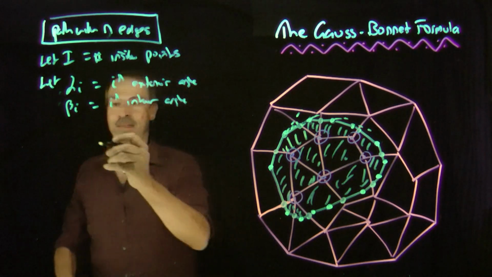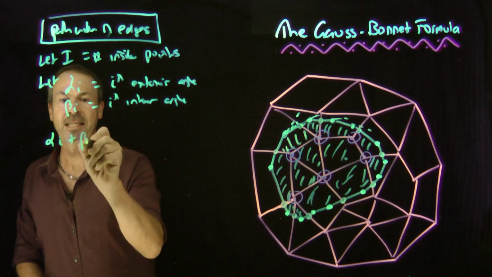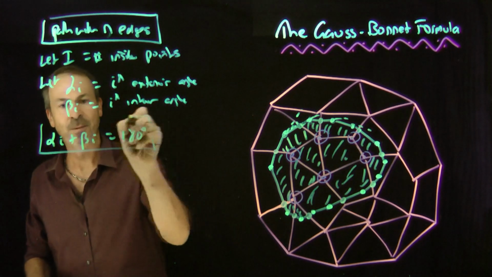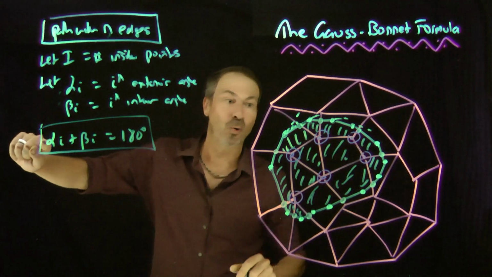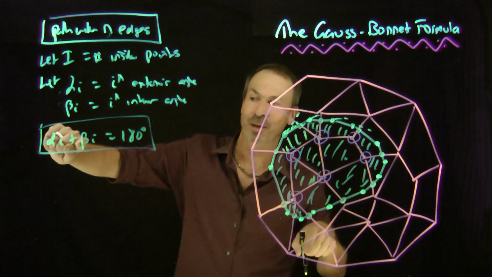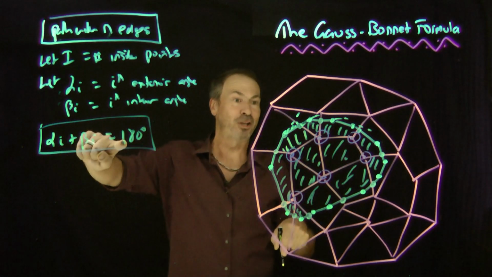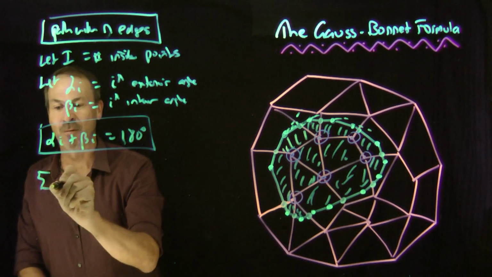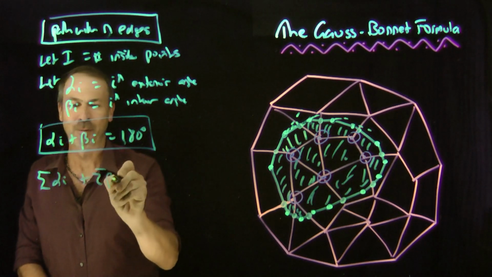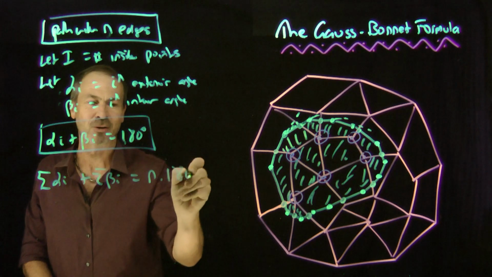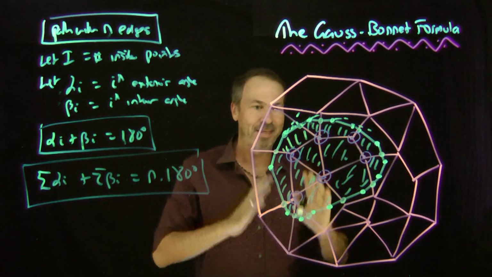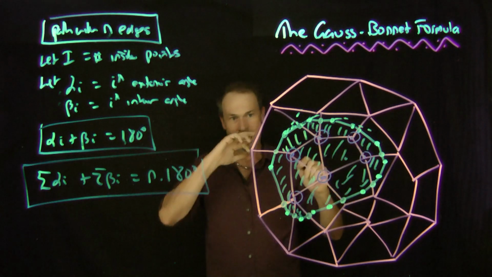I do know that an exterior angle plus an interior angle adds up to 180 degrees. In fact, if I sum all the exterior angles and sum all the interior angles, I'll get the sum of a bunch of 180 degrees, n of them. So the sum of all the exterior angles plus the sum of all the interior angles will be n times 180 degrees. All right, I haven't actually done anything yet, but that's the situation I'm dealing with.